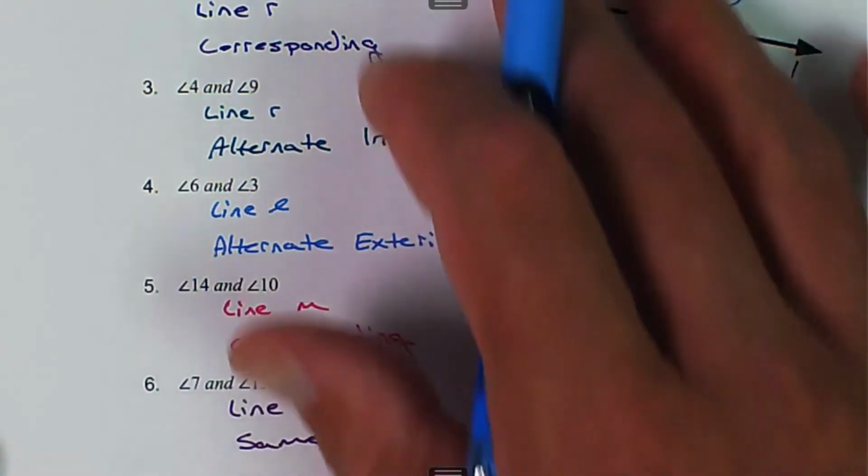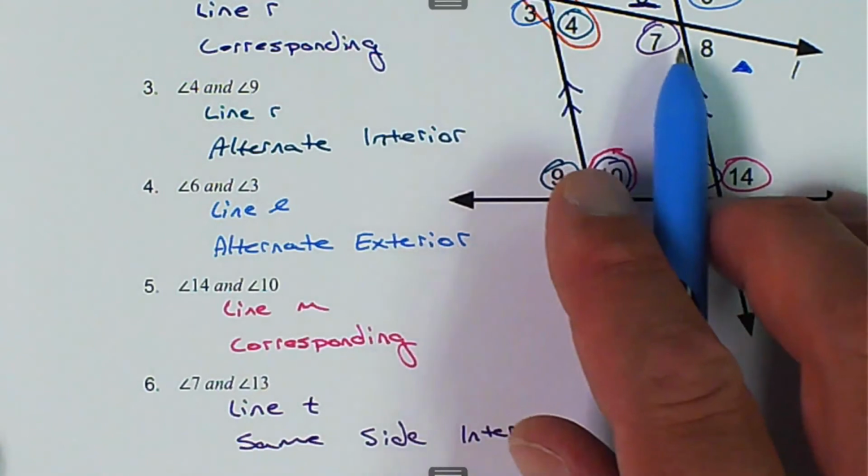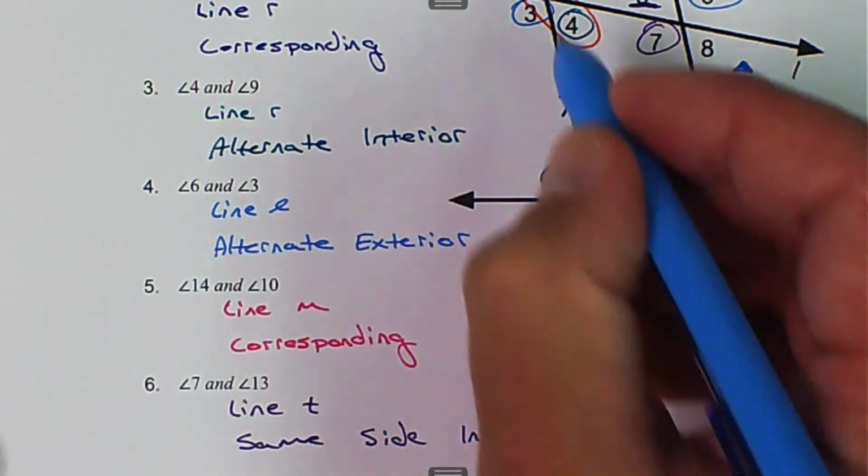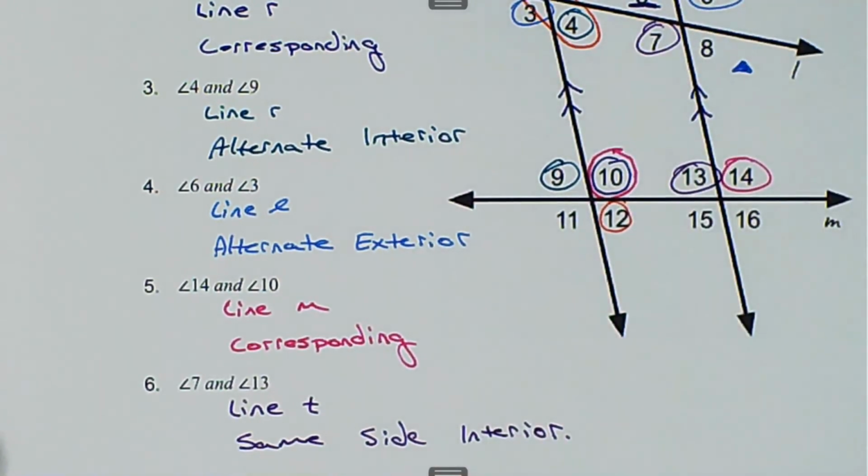The two parallel lines are R and T, so 1's outside and 8 is outside, so that's alternate exterior, and these angles are congruent. Then we have angle 3 and angle 6, which we already did, and those are alternate exterior. Angle 3 and angle 6 right there are congruent.